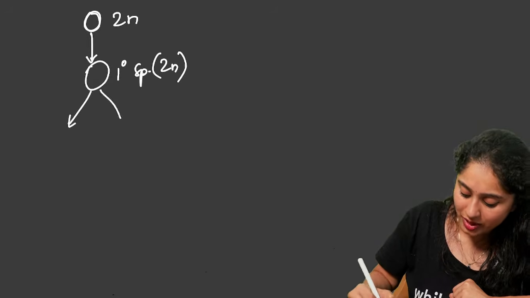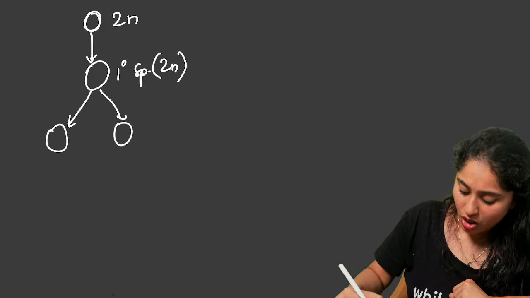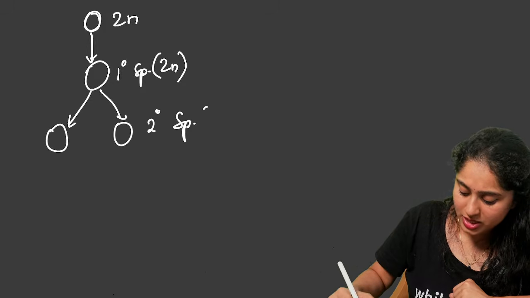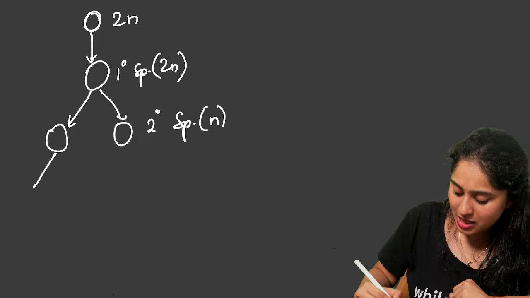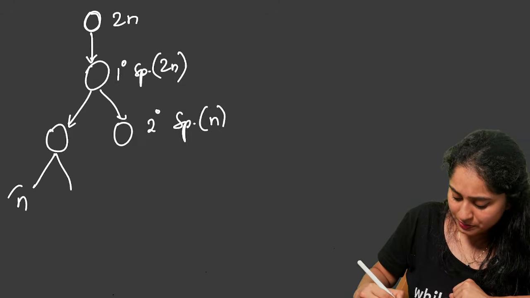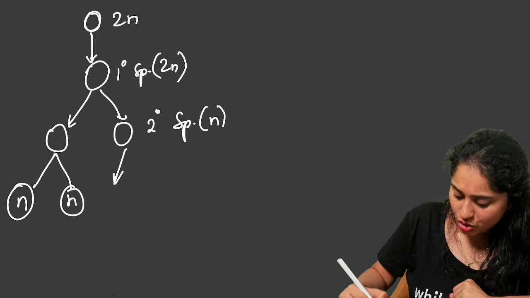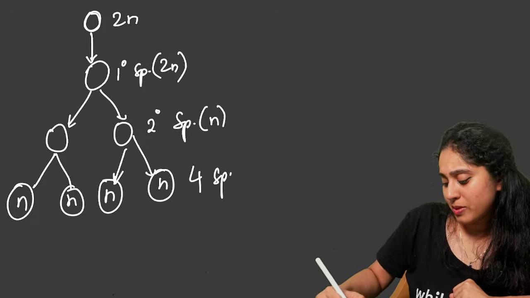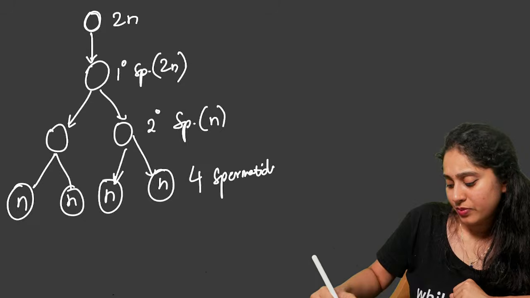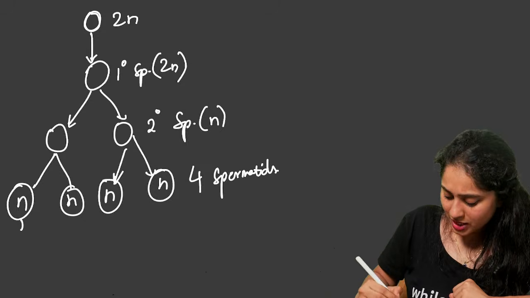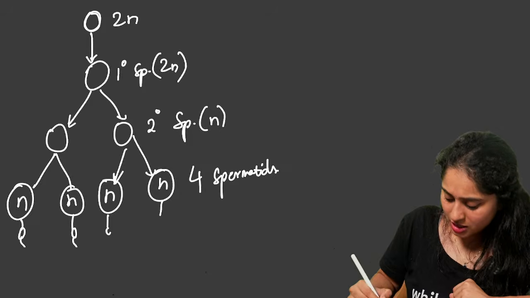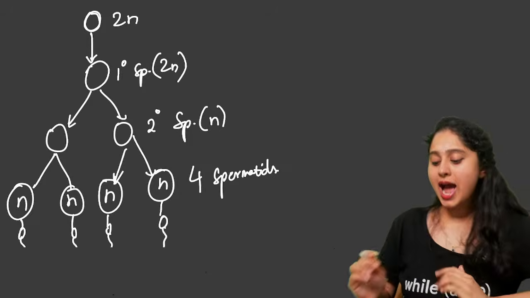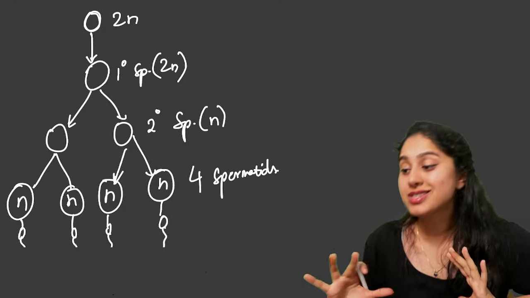This will divide into two secondary spermatocytes, which are N, and then further they will give rise to 4 haploid spermatids. Correct? And these will now mature to form the final spermatozoa and my spermatogenesis is complete.